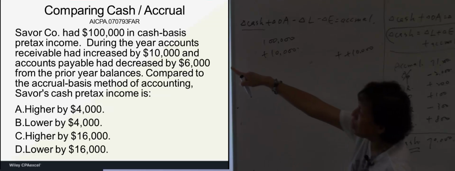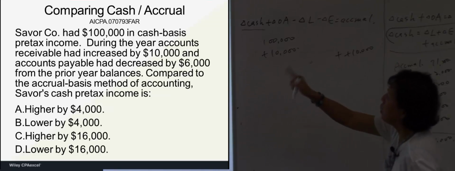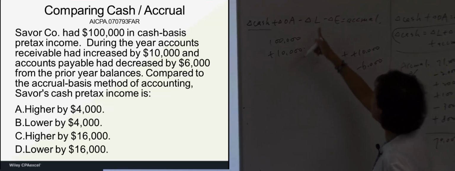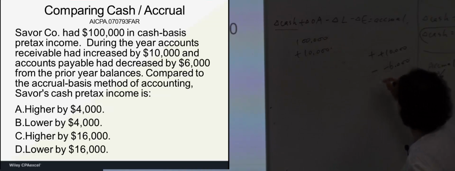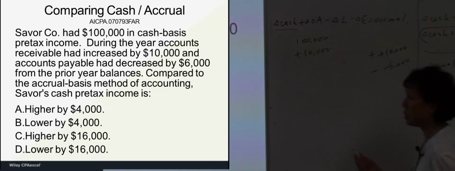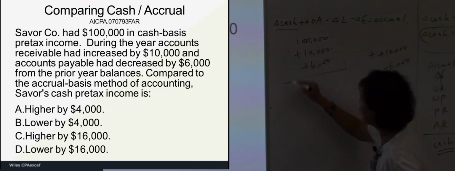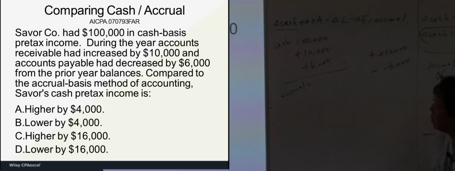Accounts payable is decreased by 6,000. Decrease, so negative. And accounts payable is a liability. The sign for liability is negative. Negative becomes positive. So this is the cash amount. This is the accrual amount. How much? 116.